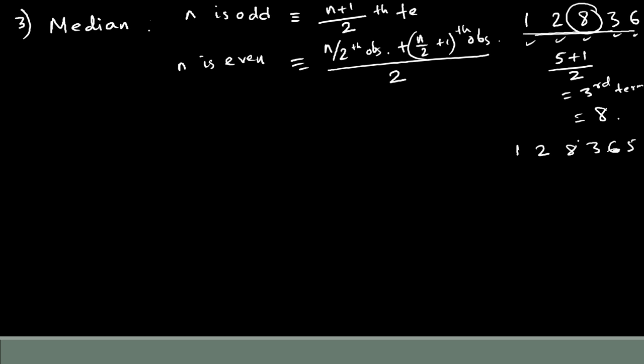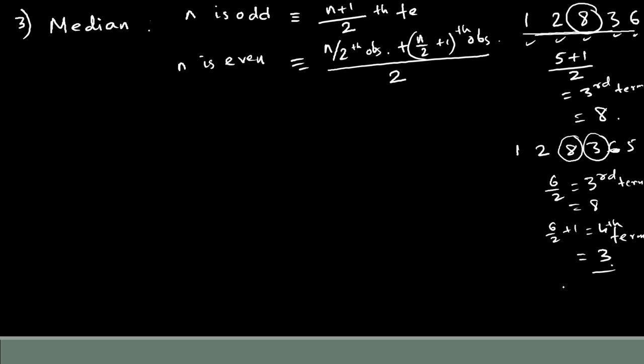So 6 divided by 2 is 3. So the third term is 8, and 6 by 2 plus 1, the fourth term, is 3 in this case, right? So basically you have to do 8 plus 3 divided by 2. This will be your median in this example. Just giving you the example on the side.